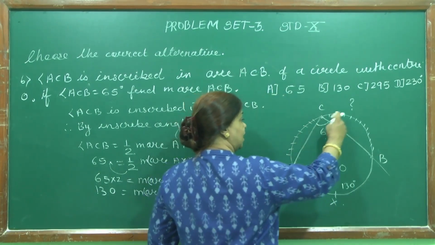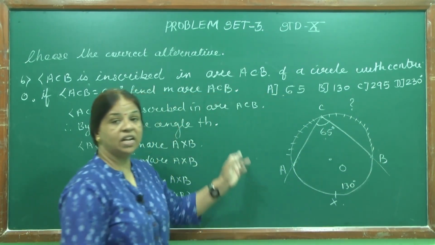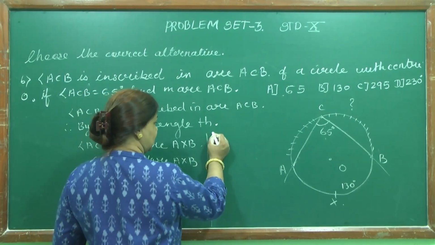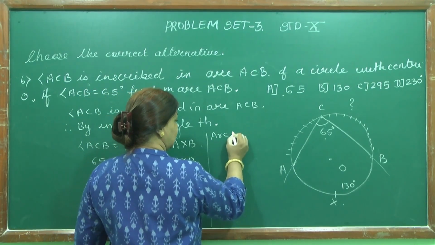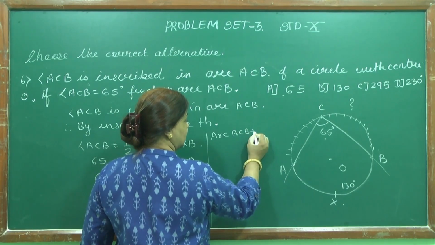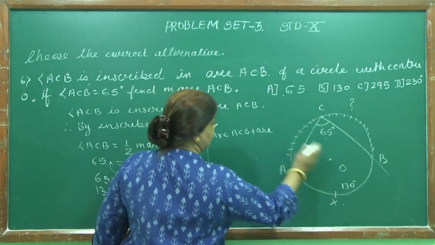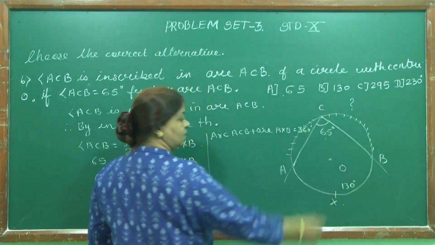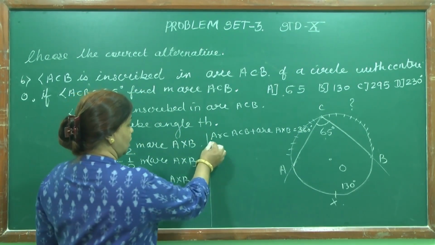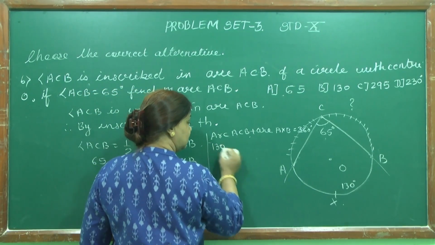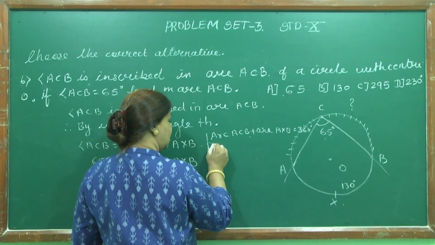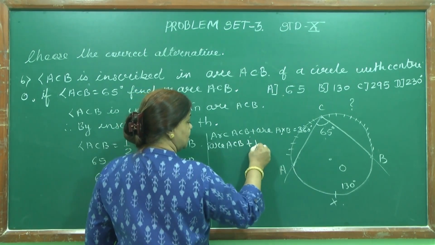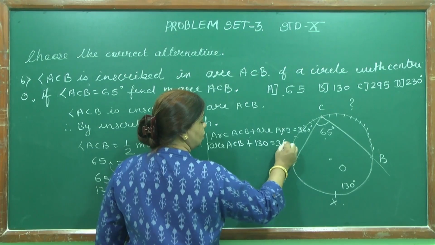But we need to find out arc ACB. Total circle is what? 360. So can we write arc ACB plus arc AXB is equal to 360 degrees, the complete circle. Arc ACB plus AXB, which is 130, is equal to 360.